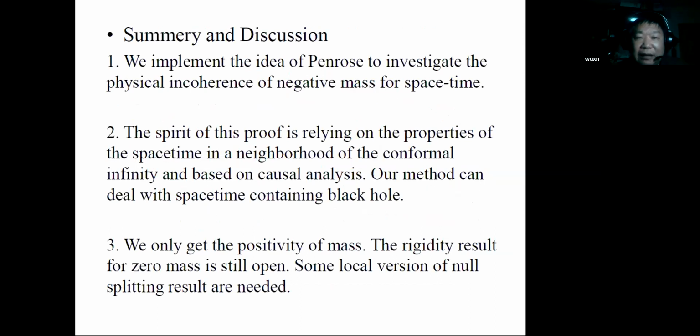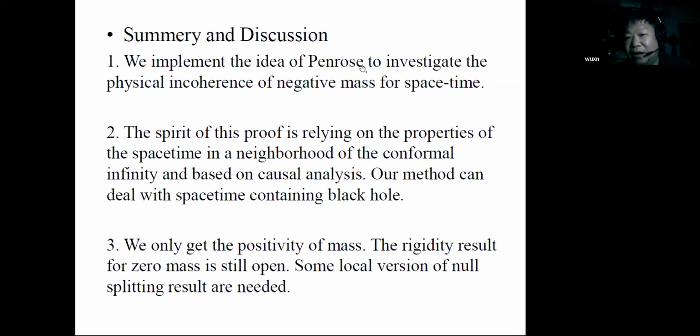So let's summarize our result. First, we implement the idea of Penrose to investigate the physical incoherence of negative mass of the spacetime. That means that if you have a negative total mass of the spacetime, it will be incoherent with the Borde focusing theorem.